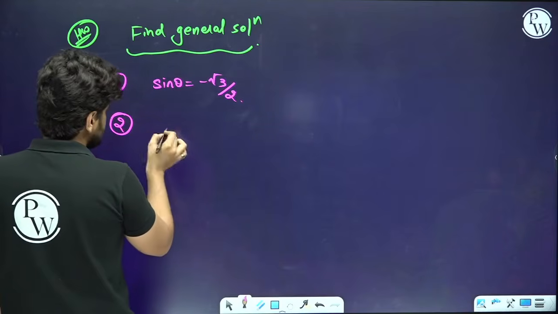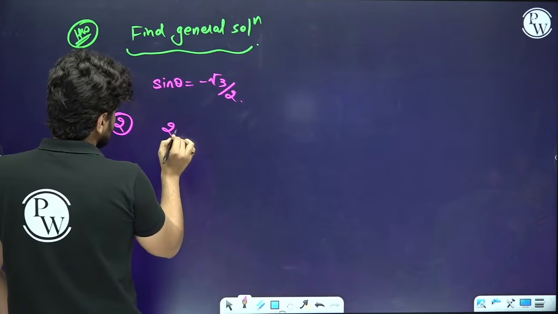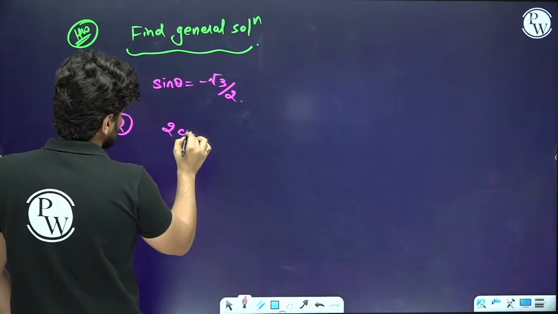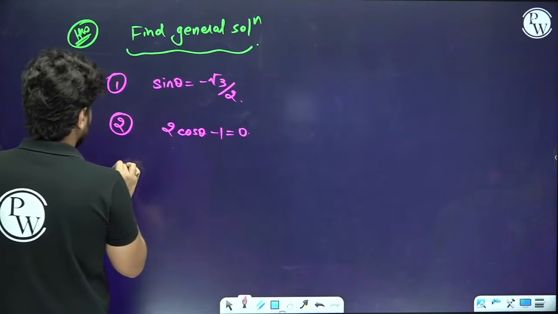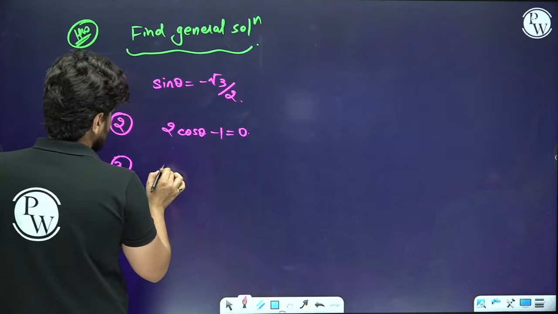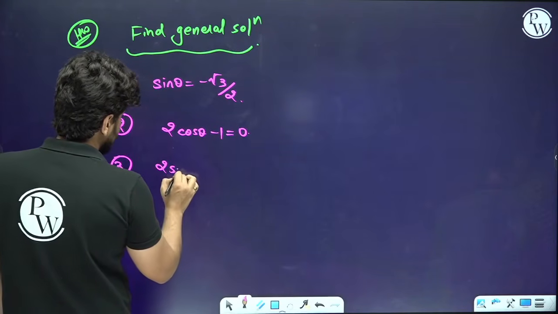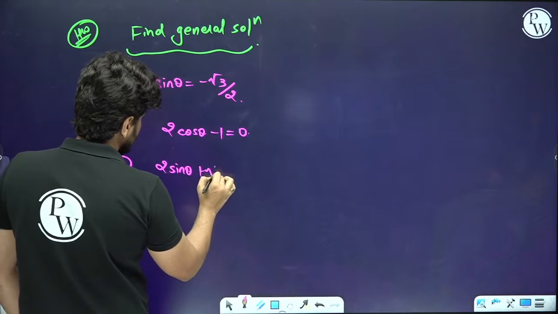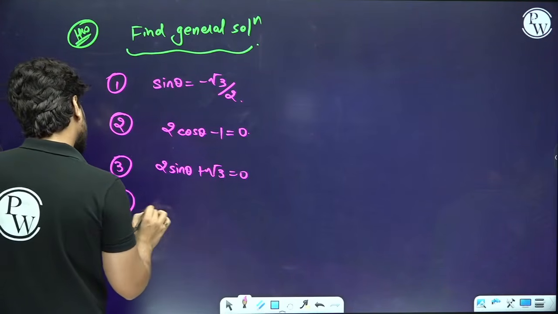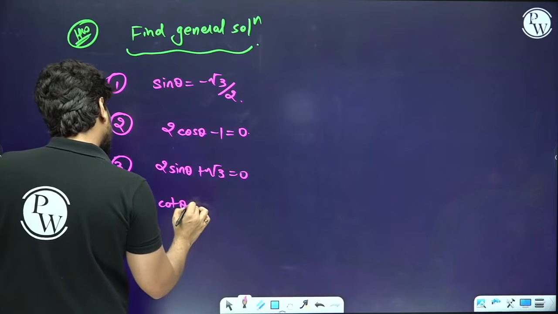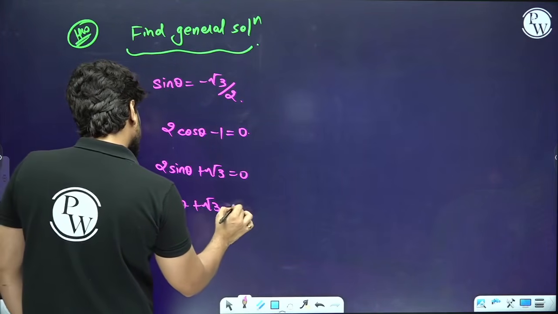Question number 2. 2 times cos theta minus 1 is equal to 0. Okay. Question number 3. 2 sine theta plus root 3 is equal to 0. Okay. Question number 4. Cot theta plus root 3 is equal to 0.